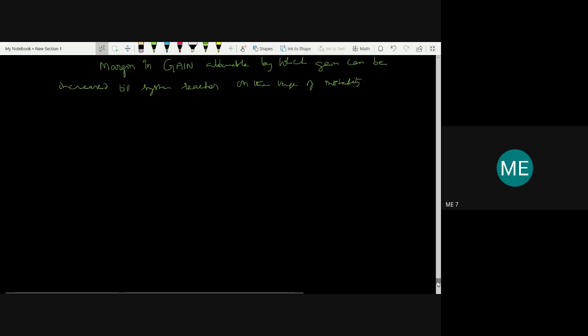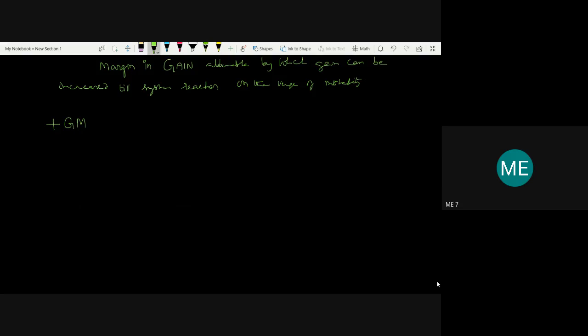So if I have positive gain margin, which means that increase in K is possible before the system becomes unstable.